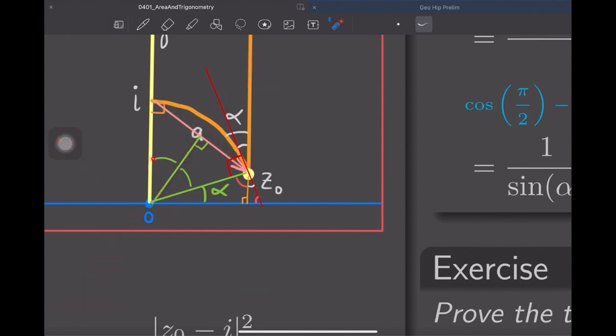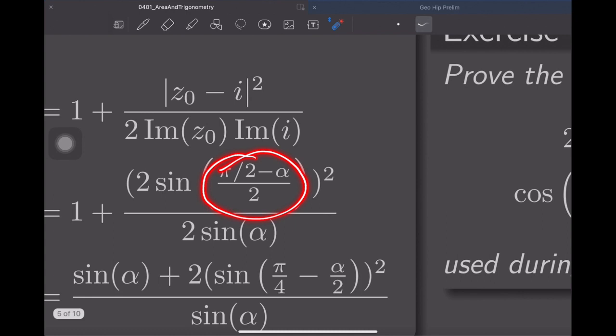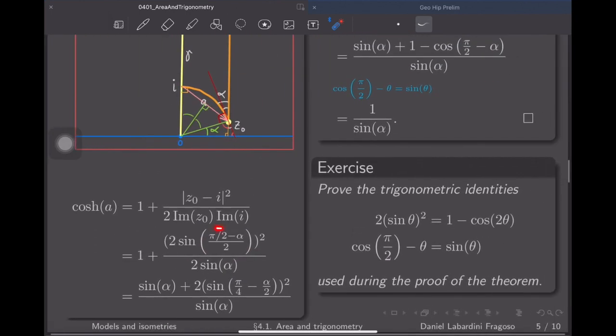Now the sine of this angle: this angle is half this angle, which is pi over 2, I mean 90 degrees, minus alpha. So I have to take the sine of (pi over 2 minus alpha) divided by 2. That's what I do here. 90 degrees minus alpha, divided by 2, is only this.